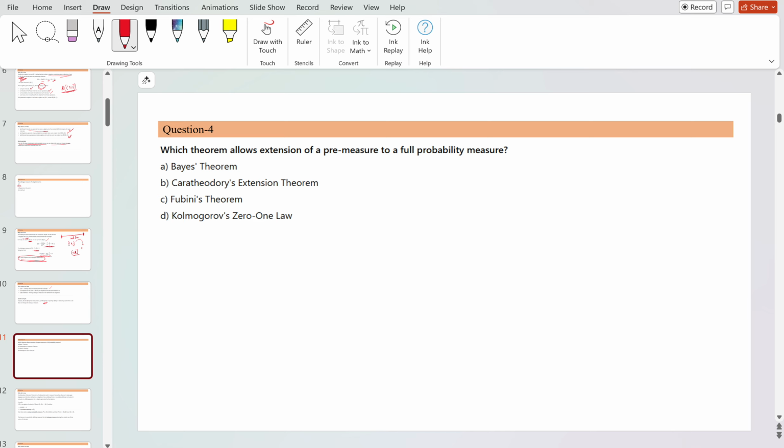If you know the theorems, try to see which one it is. Otherwise, I will explain it in the solution part. Take 1 to 2 minutes to understand that, and after that we will solve.